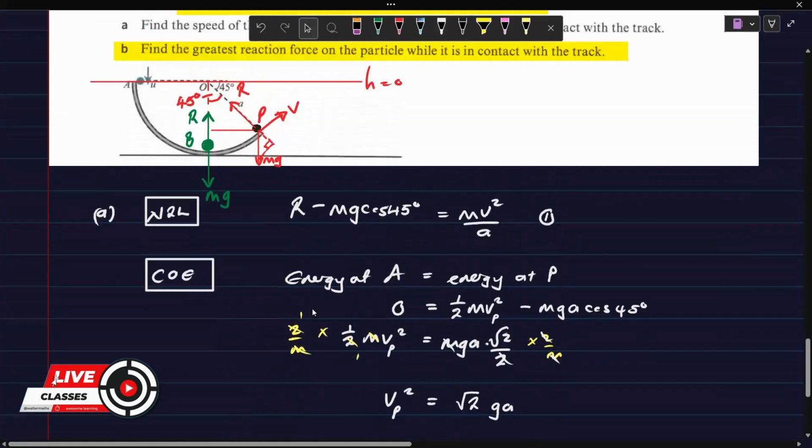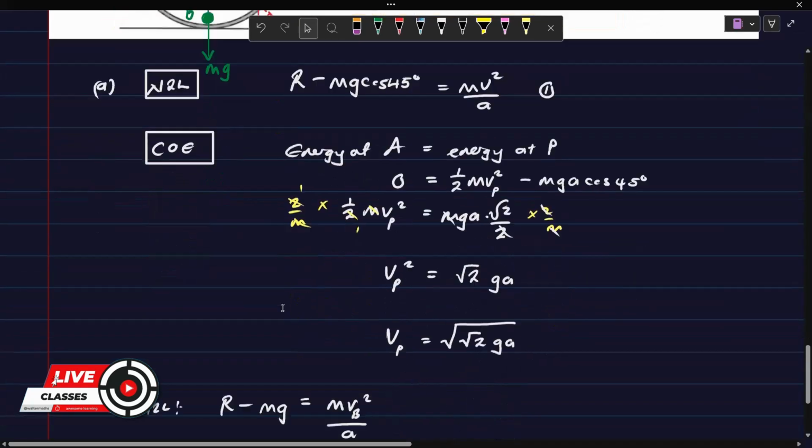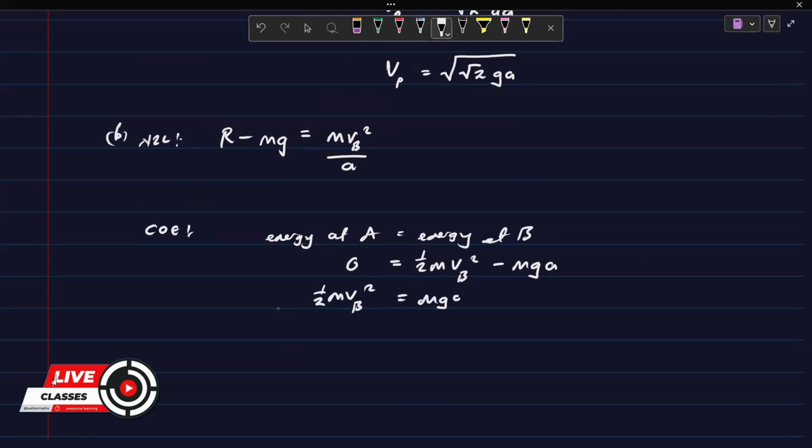That's the GPE at B. So with what we have, we can find v_B squared. A half m v_B squared is equal to mga. Multiply both sides by 2 over m, and on the left side we have v_B squared equal to 2ga.